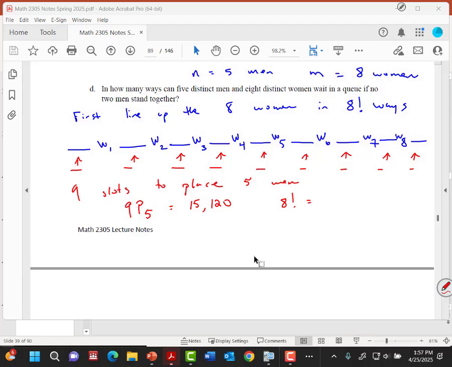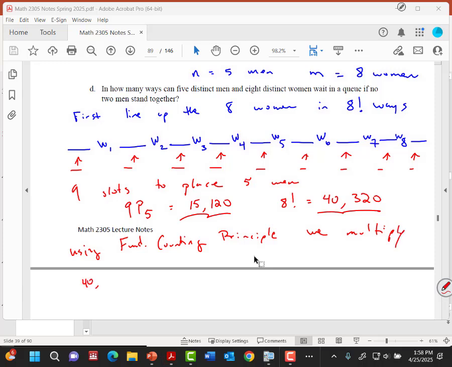And 8 factorial is the number of ways that I can rearrange the women. So 8 factorial, 40,320. Okay? So let's recall the fundamental counting rule. There are this many ways that I can place the women. There are this many ways that I can place the men. So using the fundamental counting principle, we multiply.